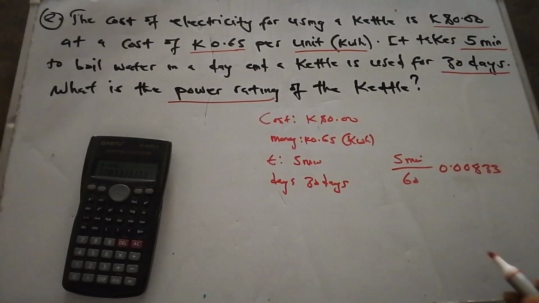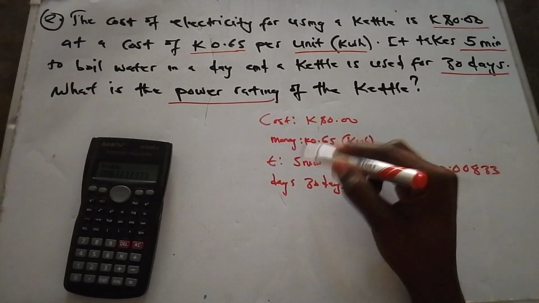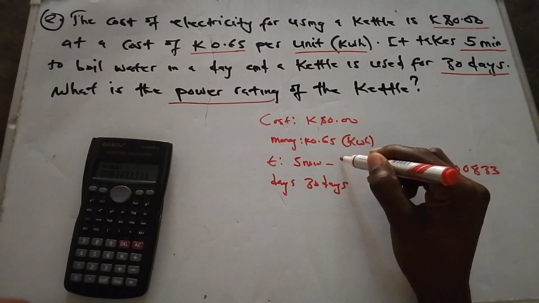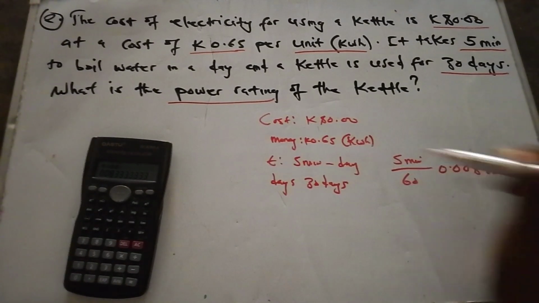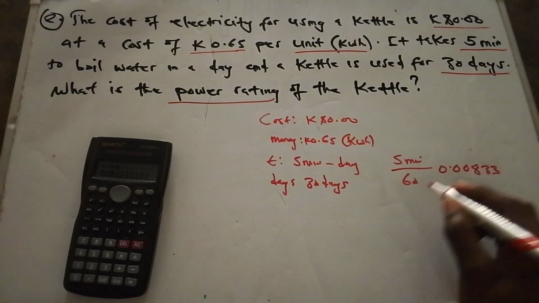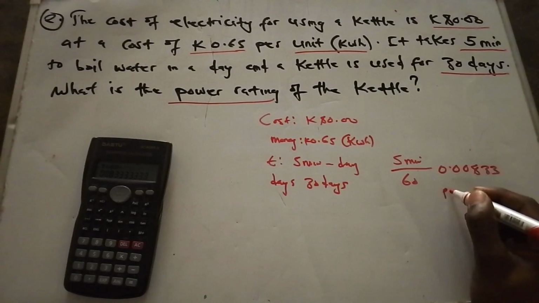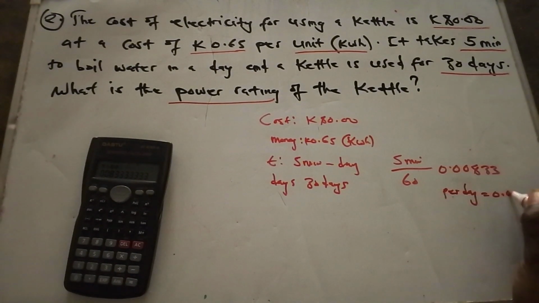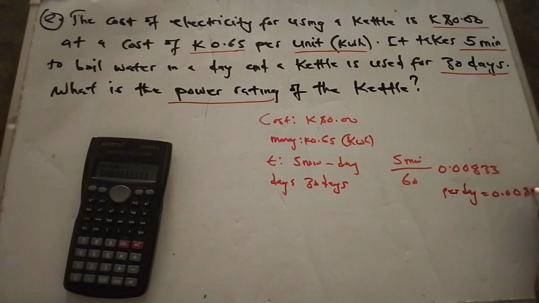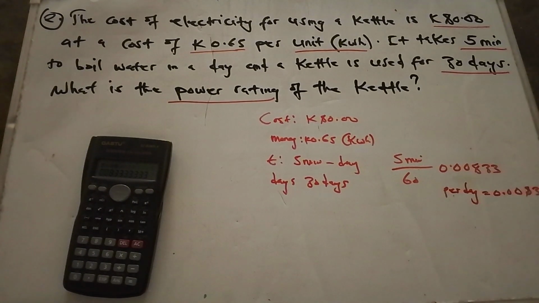So meaning that per day 5 minutes was used. Now we have converted these minutes into hours, meaning that per day now we have 0.0083 hours.